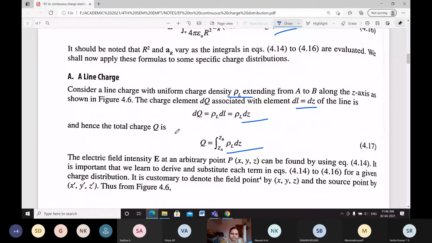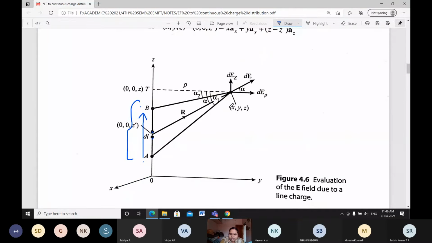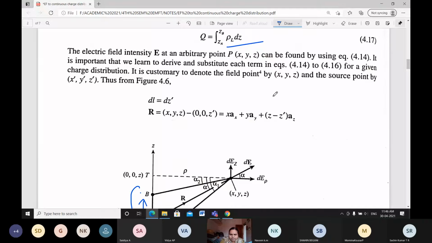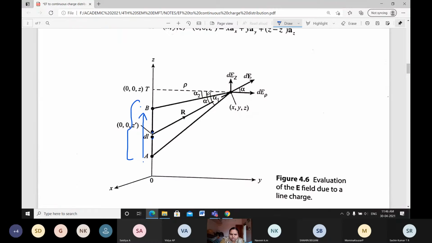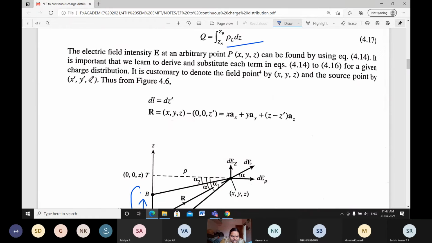Then the electric field intensity E at any arbitrary point P, taken at x, y, z, can be found from the earlier equations. The source point is where the charge element is, and P is the destination point. The source point is taken as x dash, y dash and z dash.